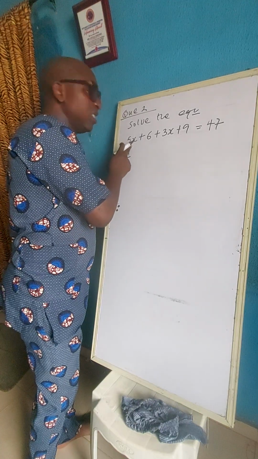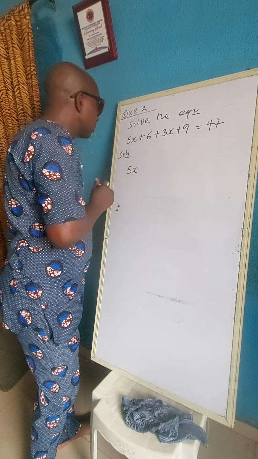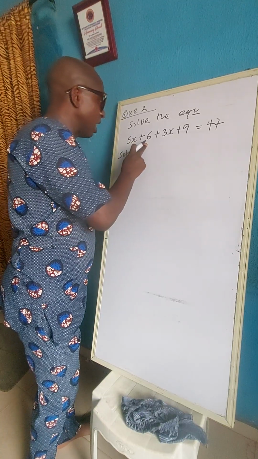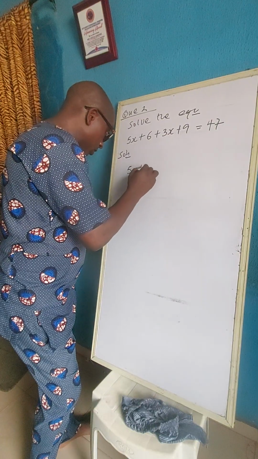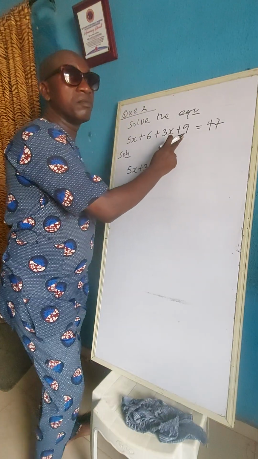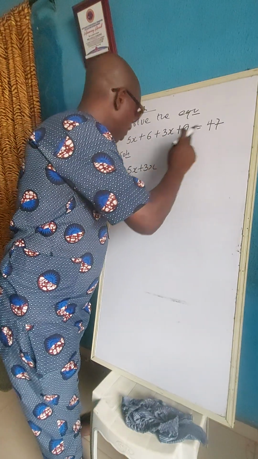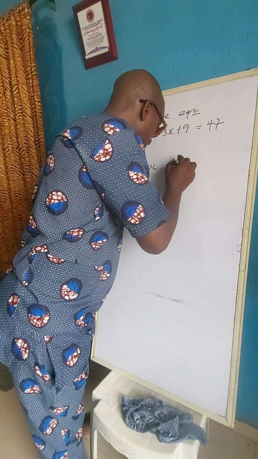This one is having x: 5x, plus 6 is not having, plus 3x is having, plus 9 is not having, equal to 47.